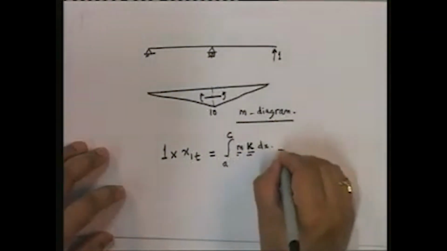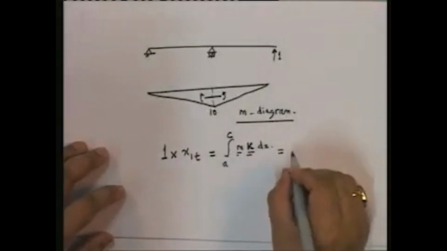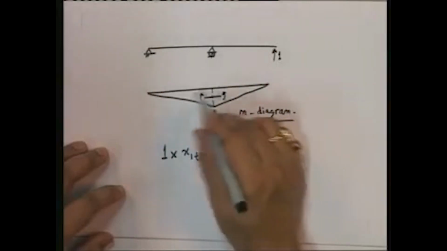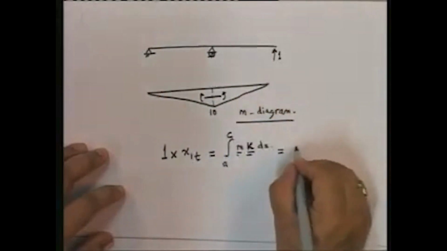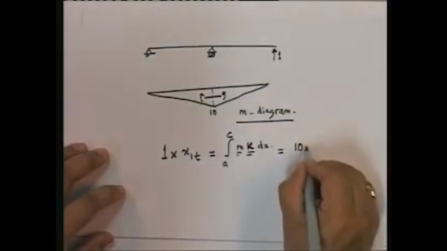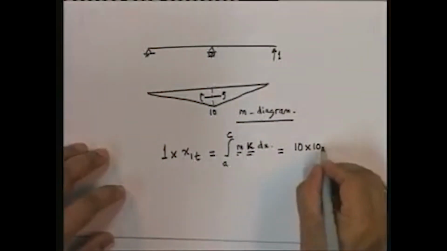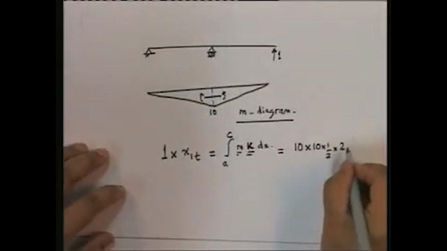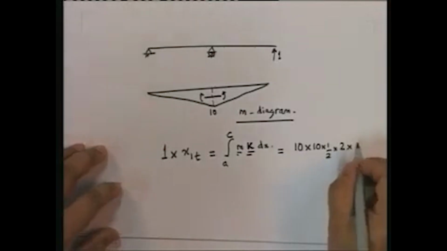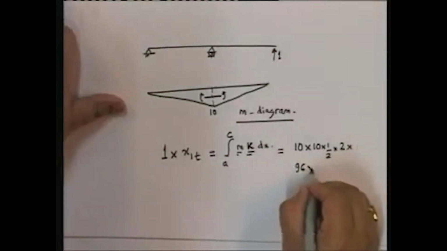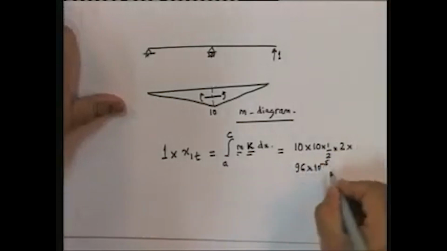And so if I put that in, this is going to be equal to, what's the moment? Again, the integral is the area of the moment. If you look at this particular one, the area would be equal to 10 into 10 into half into 2 multiplied by kappa, which is this value. So 96 into 10 to the power of minus 5.